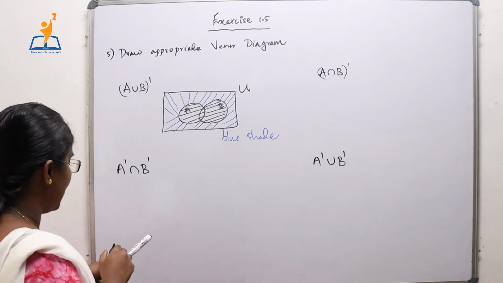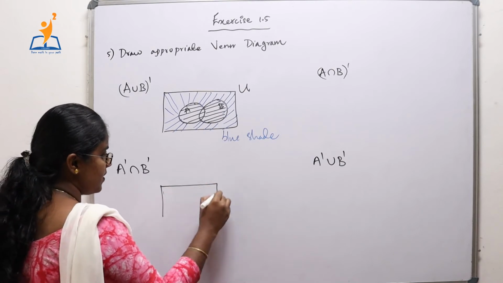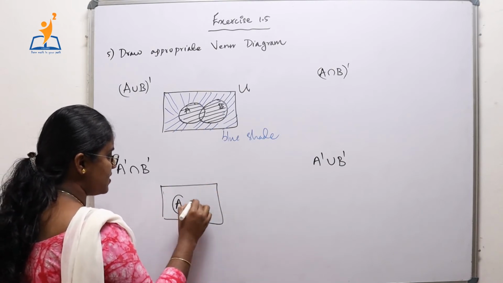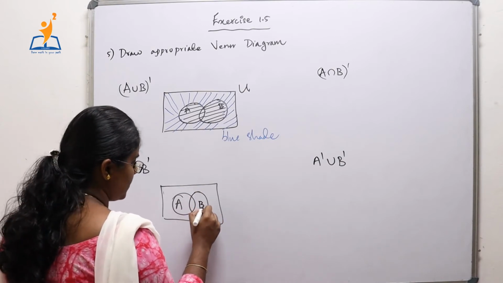Now we want A complement intersection B complement. For that, first of all analyze what is A complement and what is B complement.